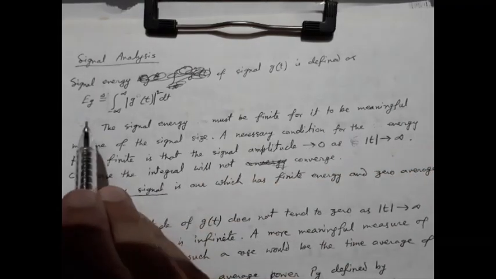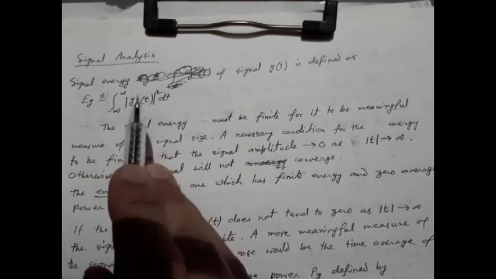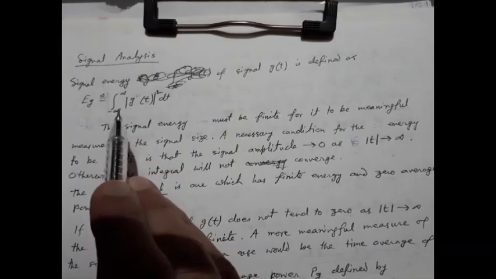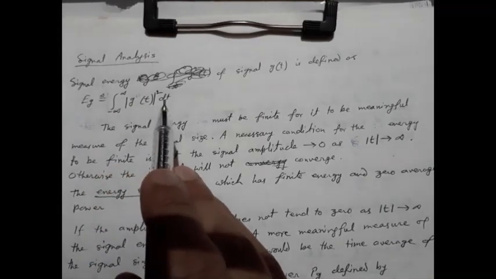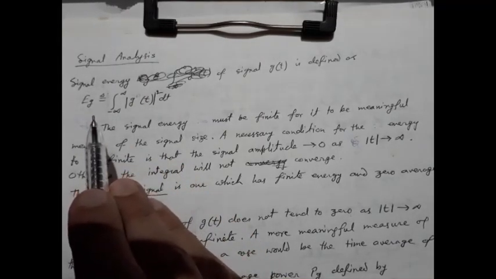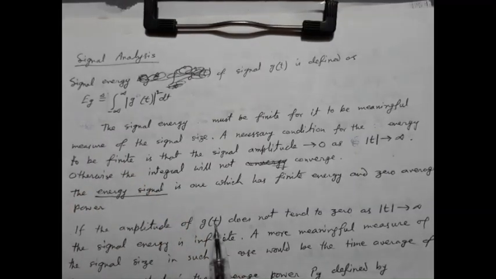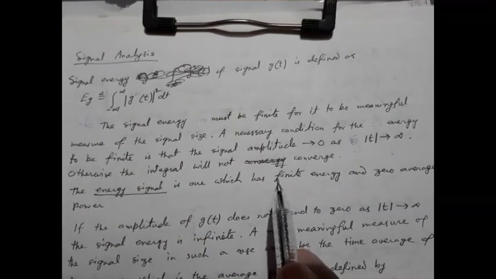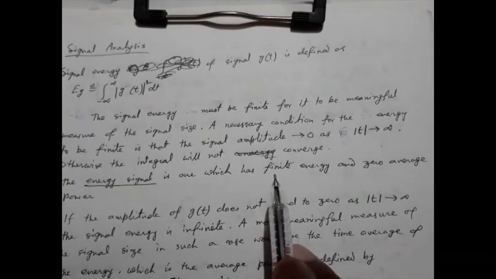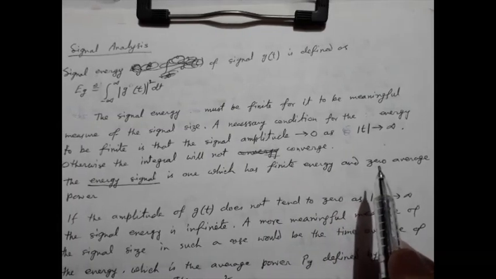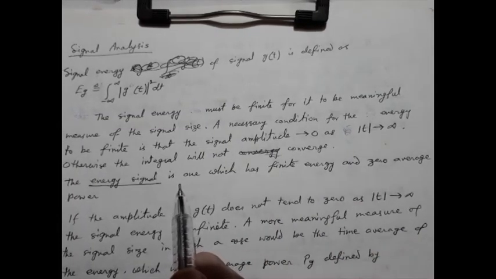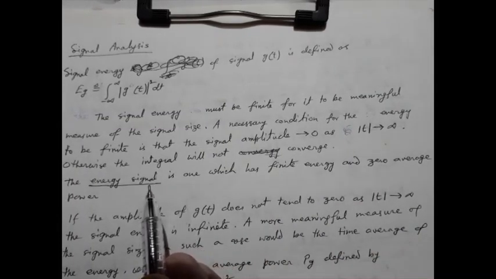Now signal energy is defined in this way. If g(t) is the signal, then integration from minus infinity to plus infinity of g(t) squared dt is the signal energy. Now if the energy of the signal is finite and average power is 0, then that particular signal is called the energy signal.